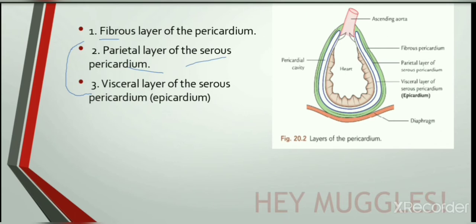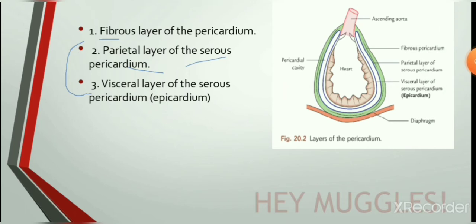Then we have a parietal layer, present on the inner aspect of your fibrous pericardium, and the visceral layer is present all around your heart. There is a cavity known as the pericardial cavity, present between the parietal layer of your serous pericardium and the visceral layer of the serous pericardium. We'll discuss the pericardial cavity in the next slide.